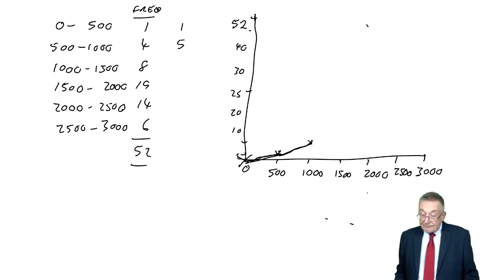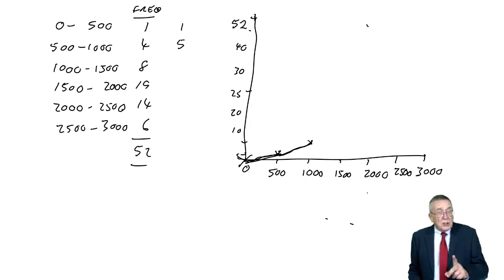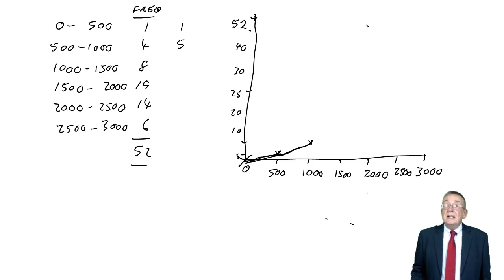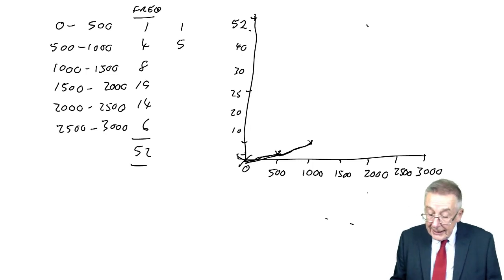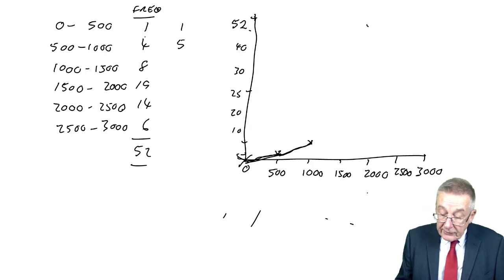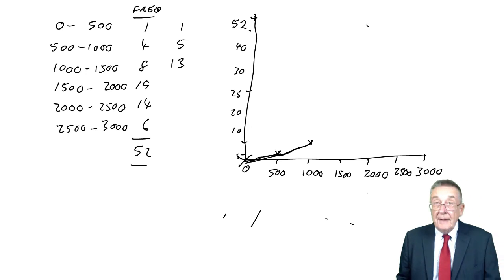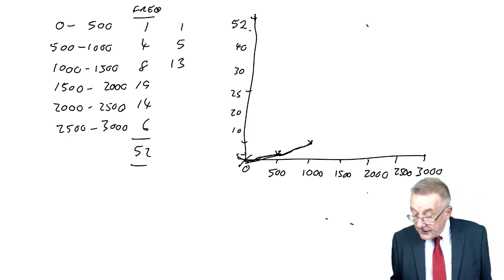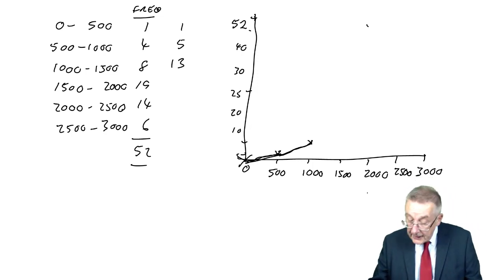Uh, 1,500. How many people in total earned anything up to 1,500? Or how many times, I beg your pardon, did we pay anything up to 1,500? Well, anything up to 1,500, there's 1, 4, which is 5, another 8, 13. So in 13 weeks, we paid anything up to 1,500.